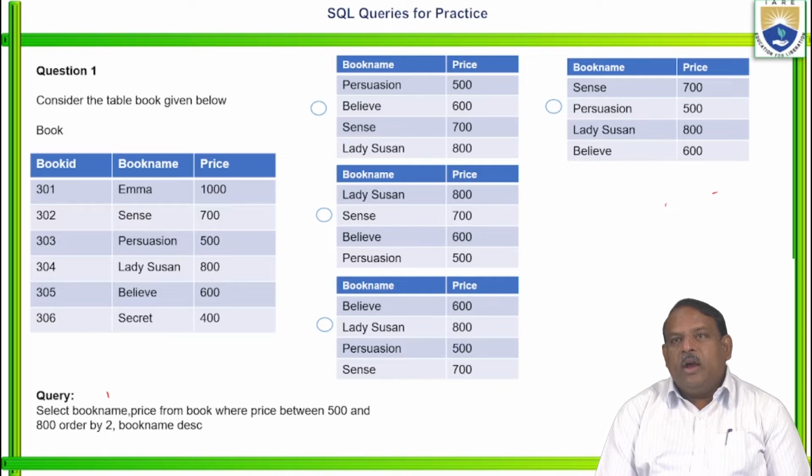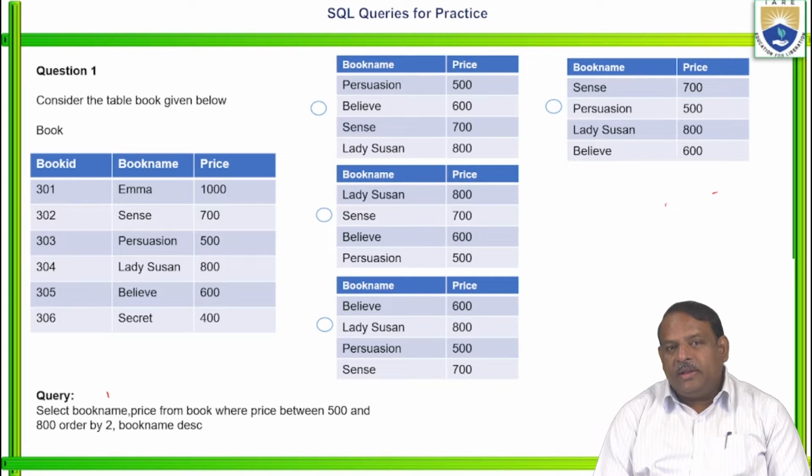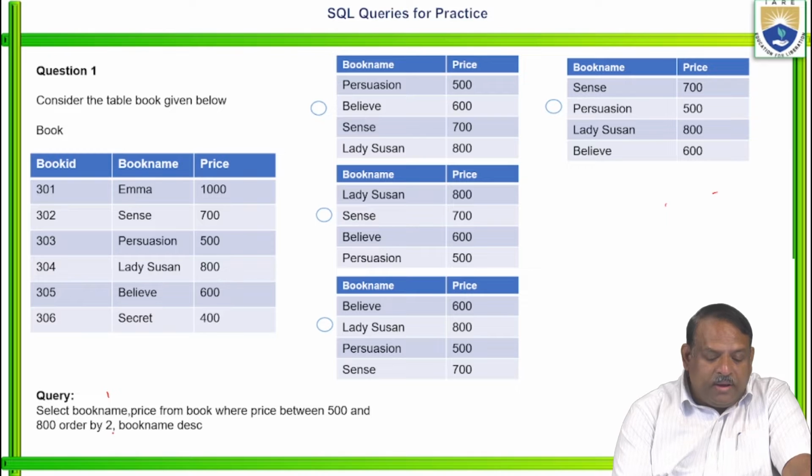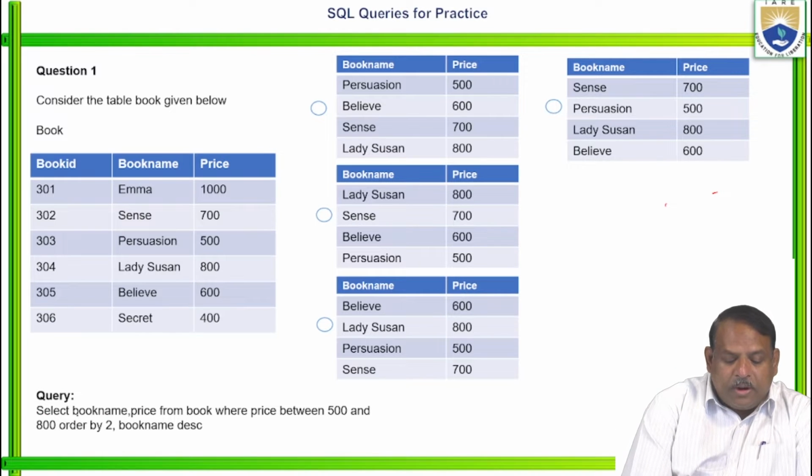Order by, we have to do here double sort. Order by 2 here. 2 means the second column in the select statement. If I say 1 instead of 2, that one will be the first column. 2 means second column in the select statement. This is important.